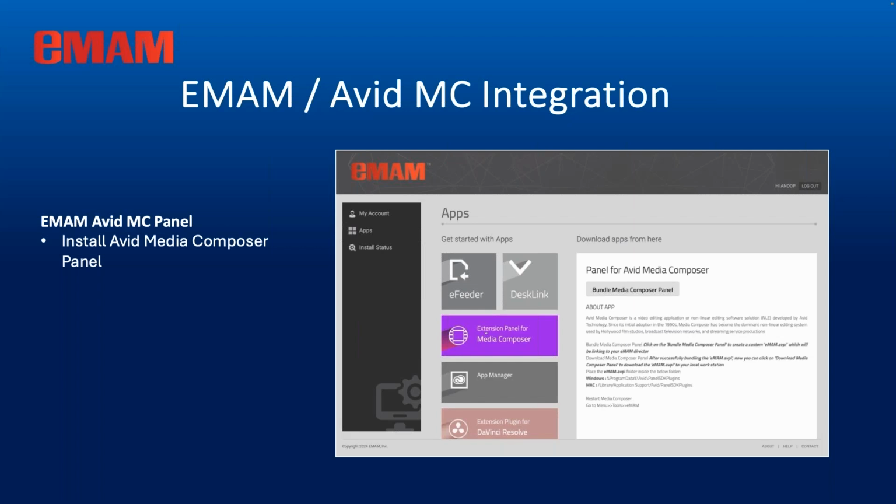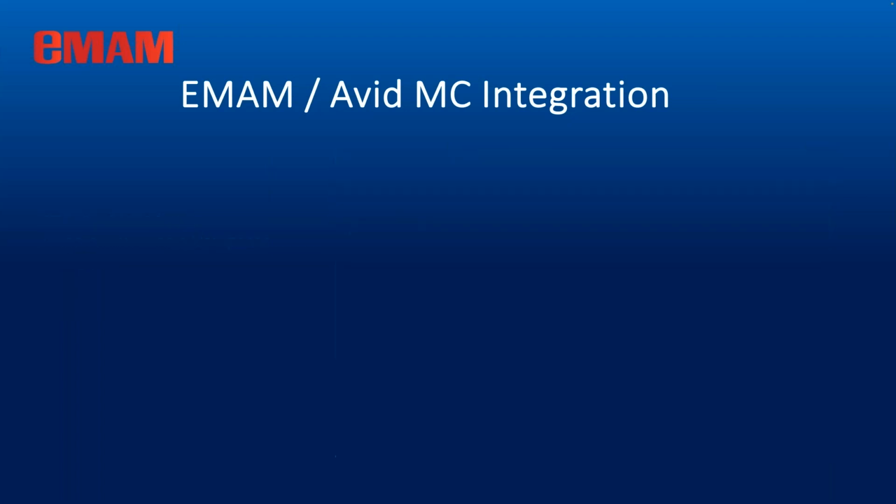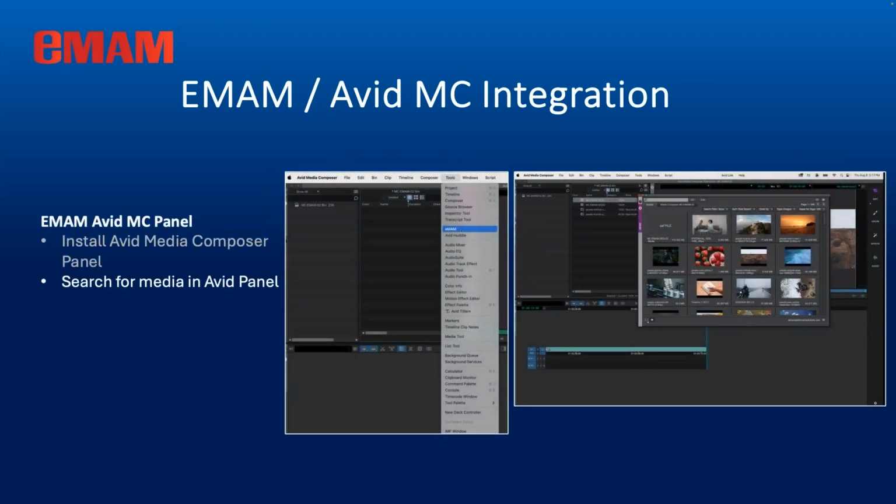But in this case, through the app's web interface, you're able to go in and download the Media Composer panel. Then we give you instructions as to where to place that file within the plugins for Avid. Once you've done that, the panel will be available within the Avid Media Composer.